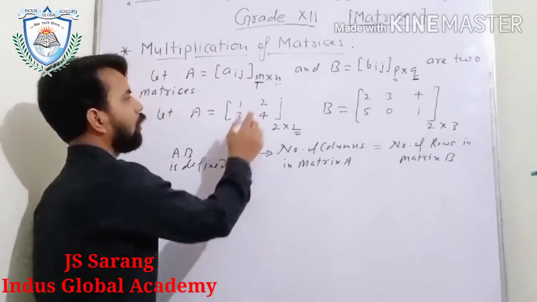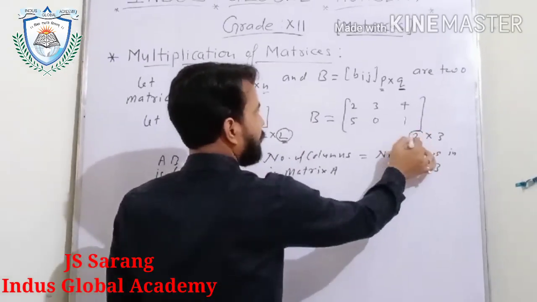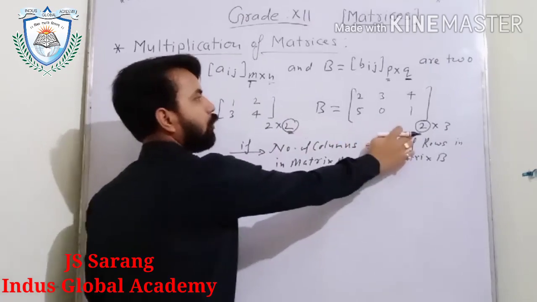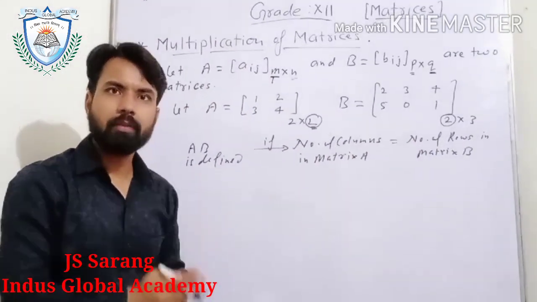The number of columns in the first matrix is 2 and the number of rows in the second matrix is also 2. That means both are the same. So their multiplication will be possible.